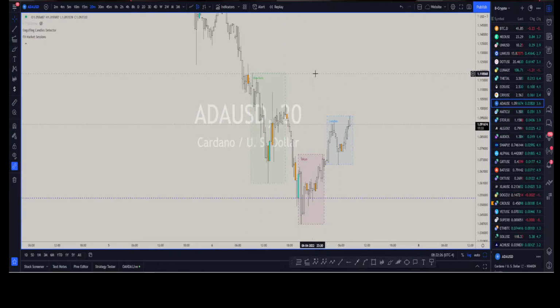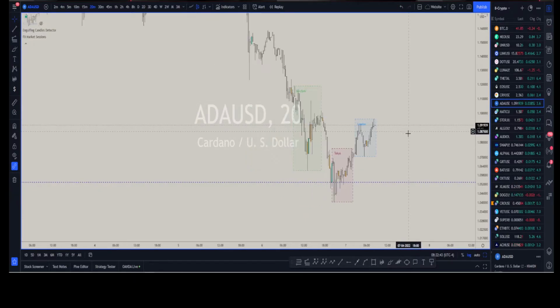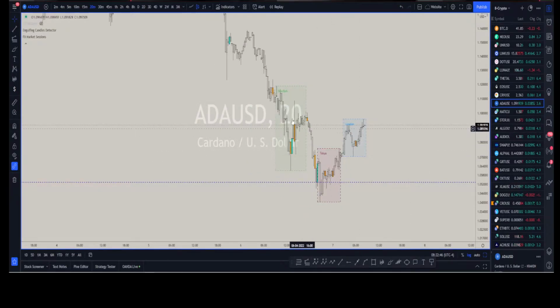Let's see here. New York's liquidity grab is around 111.7. It's definitely not similar to mine. Oh, really? Well, for me, New York opened at 1.119. That's New York open.